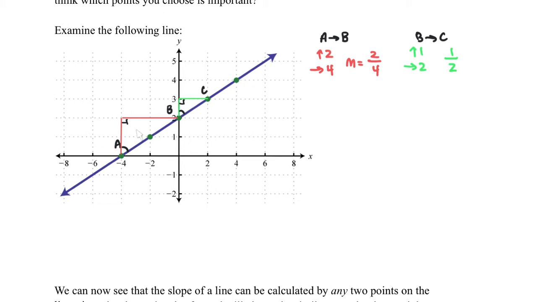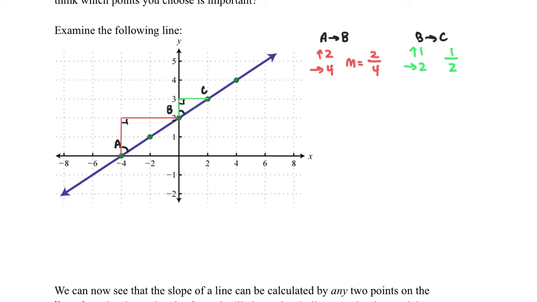That means this red triangle is similar to this green triangle because I have 2 pairs of corresponding angles congruent. So this side over this side in fraction form, which is exactly what slope is, should be the same for this triangle as for this triangle, because the triangles are similar, it's just that one is bigger than the other.